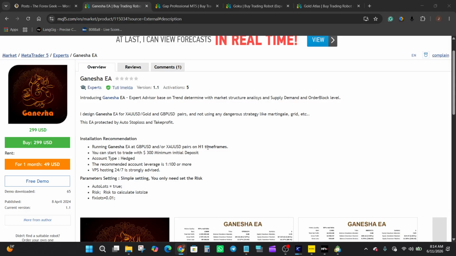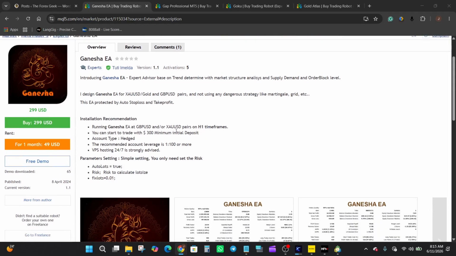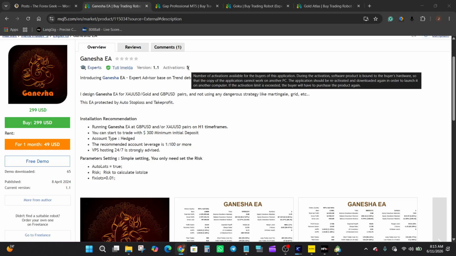Starting with the marketplace overview, Ganesha EA is currently priced at 299 US dollars with a 1 month rental option available for 49 US dollars. The current version listed is version 1.1, and the product includes 5 activations.